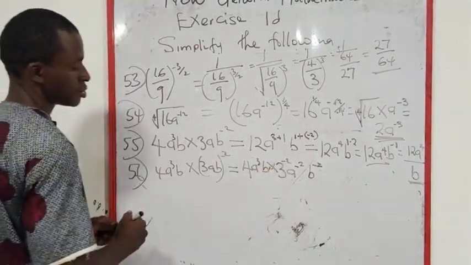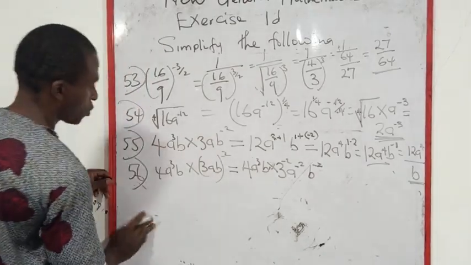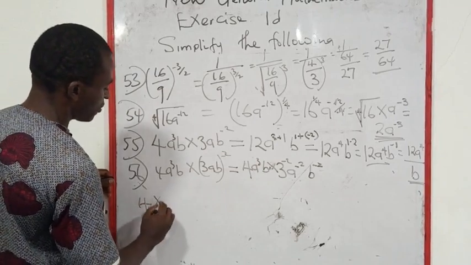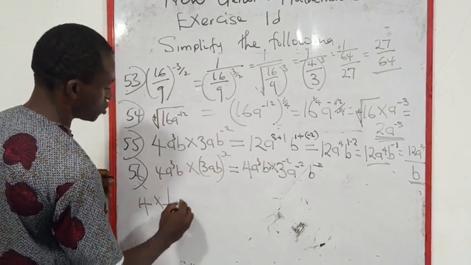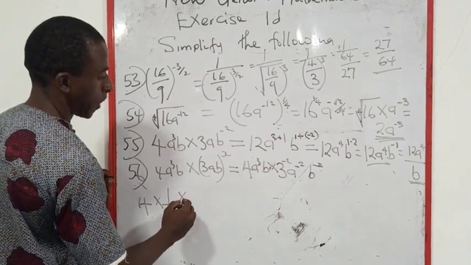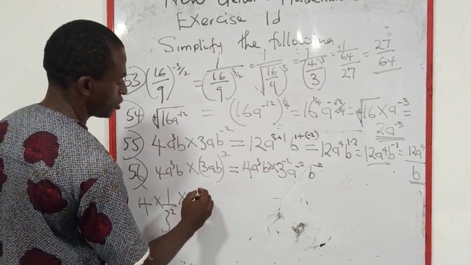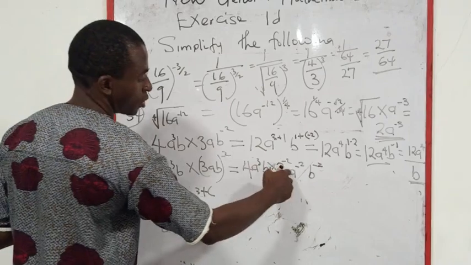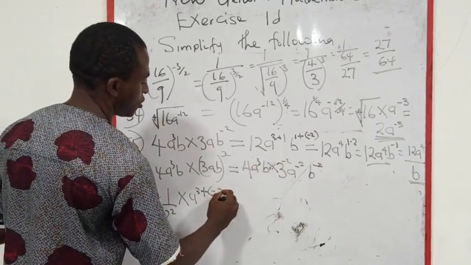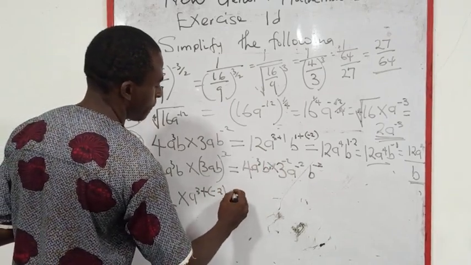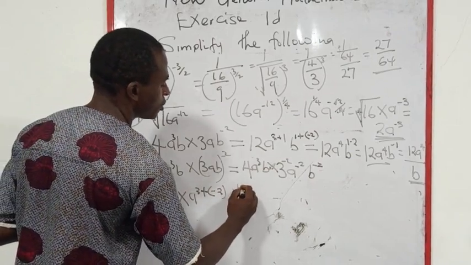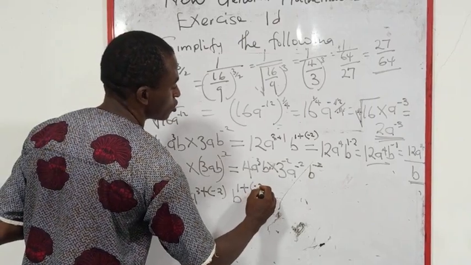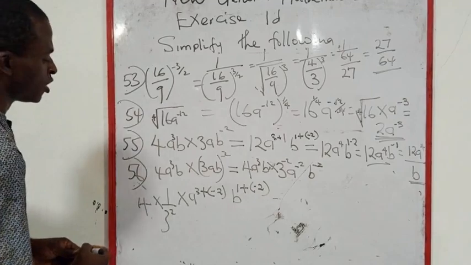We now have 4 times 1 over 3 raised to power 2 times a raised to power 3 plus, but this is a minus 2, then we now have b, 1 plus minus 2. This is exactly what is happening there.